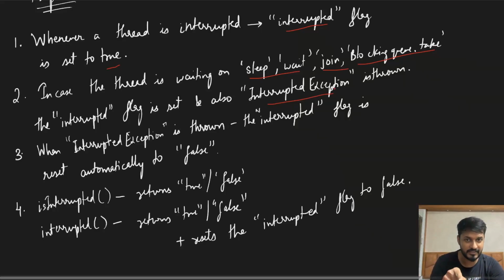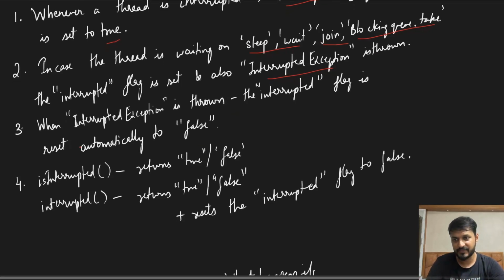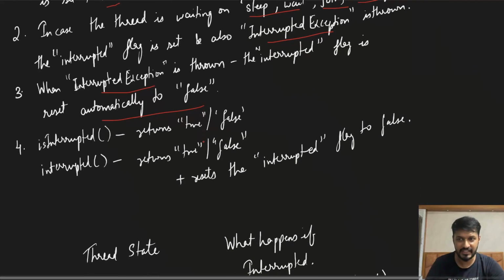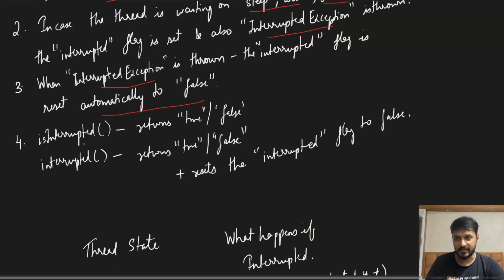And after InterruptedException is thrown, the flag is reset to false, correct? So this is the third property. Whenever InterruptedException is thrown, the interrupted flag is reset automatically to false, correct? Fourth, isInterrupted: this method will only return true or false based on whether the thread is interrupted or not. The interrupted method returns true or false, plus it resets the interrupted flag to false if it was set to true, correct?